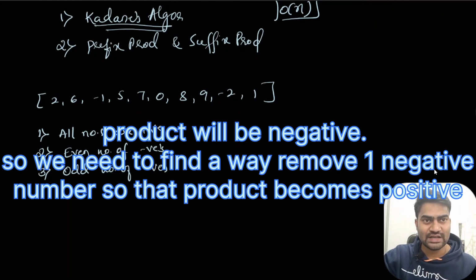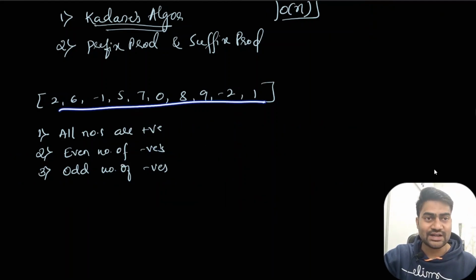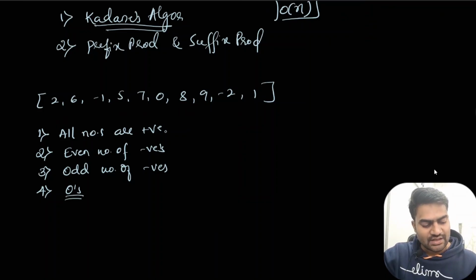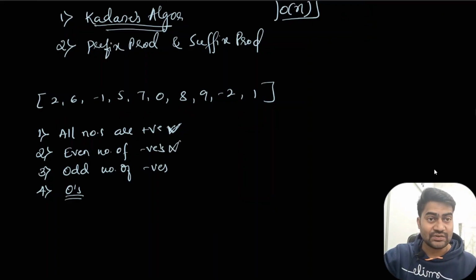We will take this entire example and we will try to come up with all these cases one by one and see. Then our fourth one is when it contains zeros in the array. So now this is straightforward, we don't need to worry.